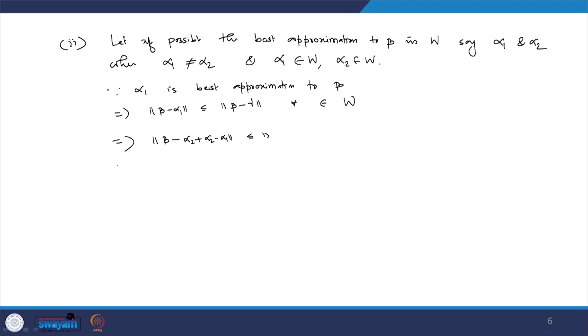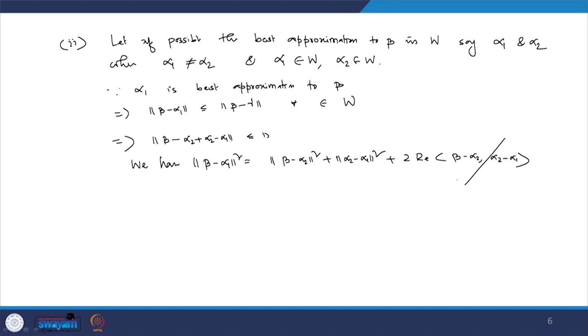But we have norm of beta minus alpha 1 square equal to norm of beta minus alpha 2 square plus norm of alpha 2 minus alpha 1 square plus 2 times the real part of the inner product of beta minus alpha 2 and alpha 2 minus alpha 1.